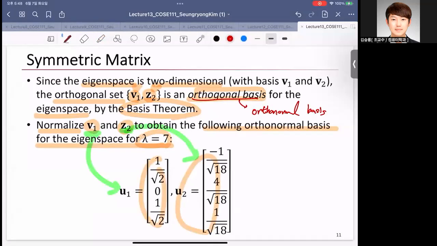How to normalize? Just like this: U1 is V1 over the length of V1, and U2 is Z2 over the length of Z2.